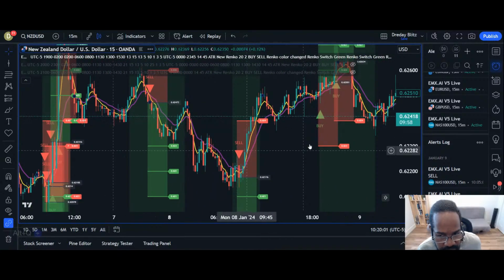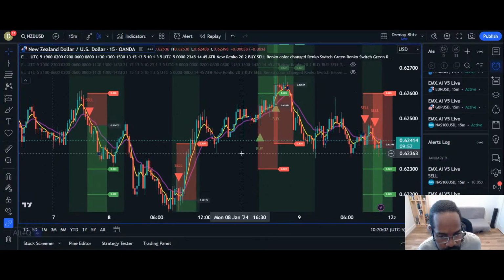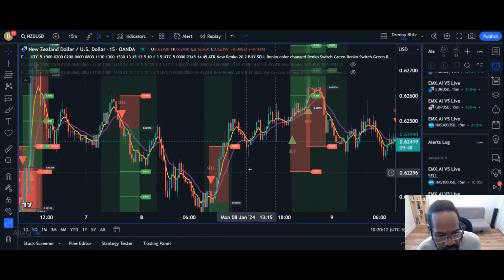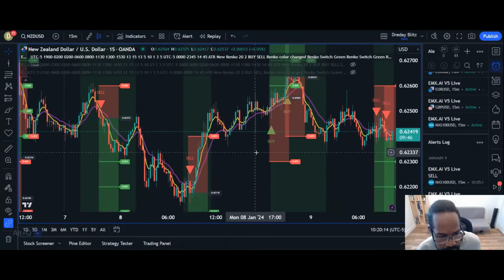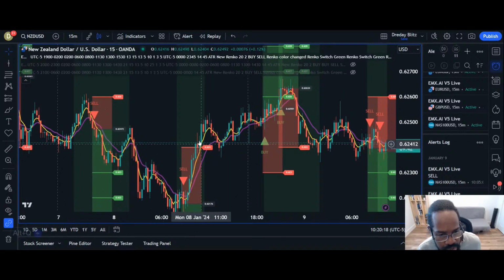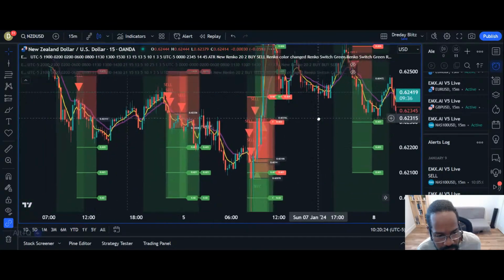And like I said, on the update, you're going to receive a notification of the trend switching from one trend to another. So that way if you're in a trade that is going against you, you know exactly when to get out. You don't need to wait until it touches your stop loss.